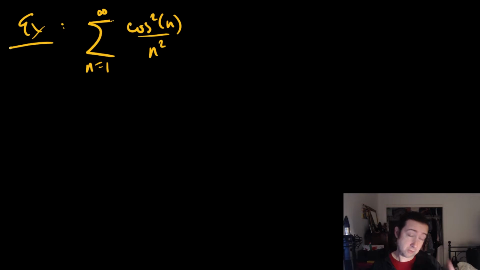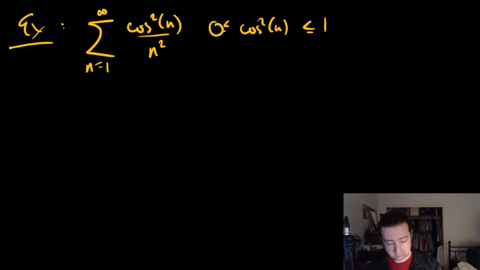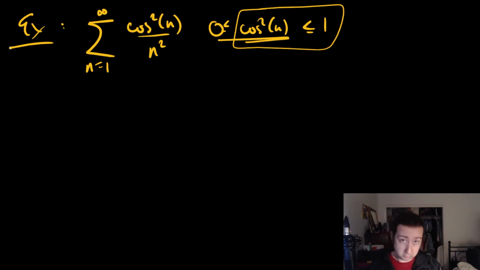It's a cosine, but with integers plugged into it. But the observation that you can make here is that cosine squared of n is stuck between 1 and 0. Right? The range of a cosine function is between -1 and 1, so if you square that, you get a function whose range is trapped between 0 and 1. Well, what that means is that we can use this part of this inequality to produce a comparison.